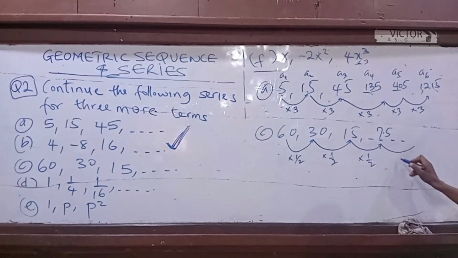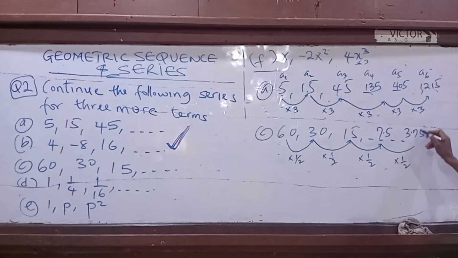The fifth term, times 1/2: 7.5 divided by 2, or times 1/2. So that will be 3.75.